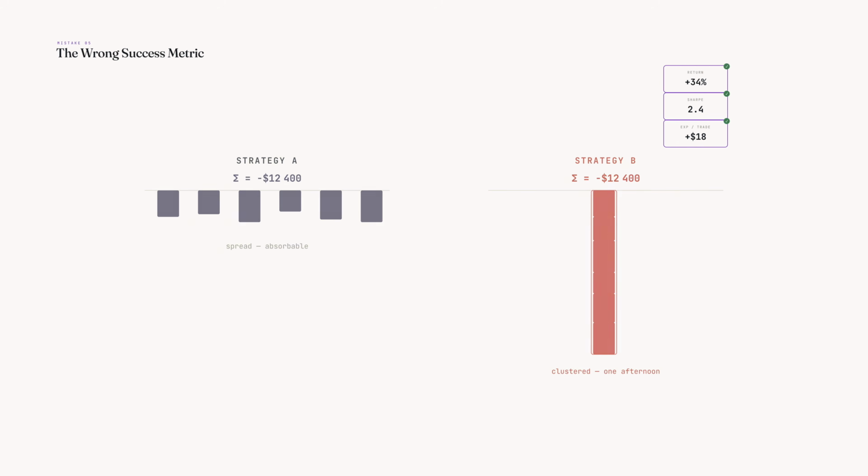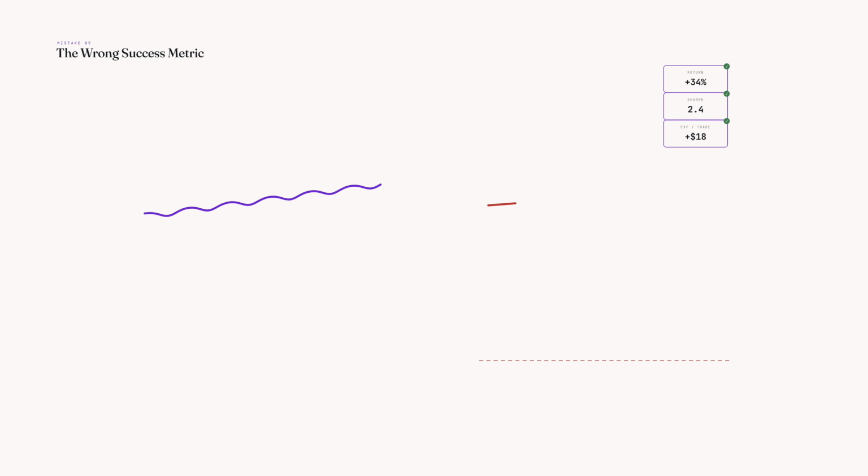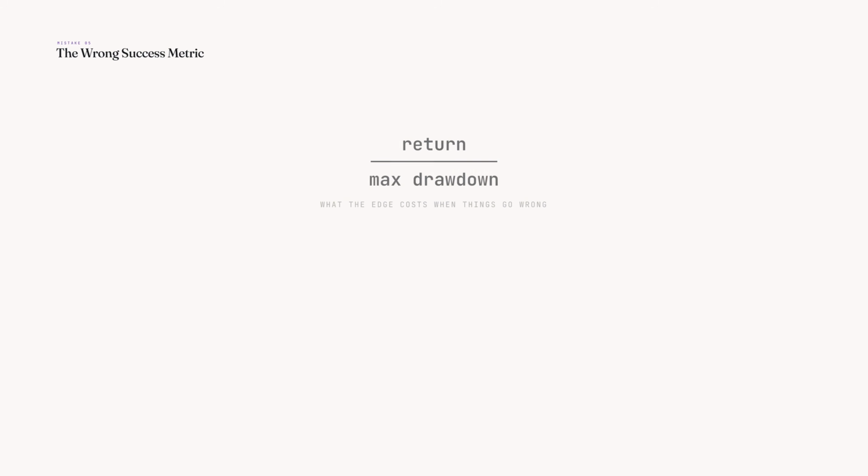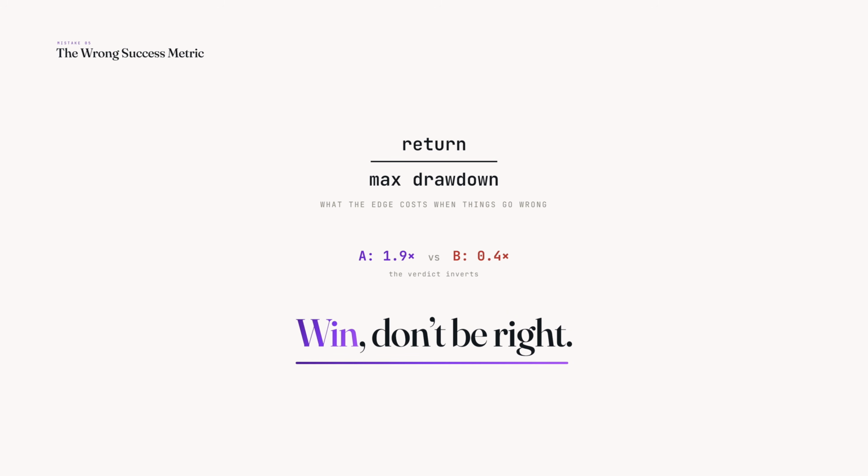One you can survive, one liquidates you. Judge on return per unit of drawdown, what the edge costs you when things go wrong, not on what it earns when things go right.